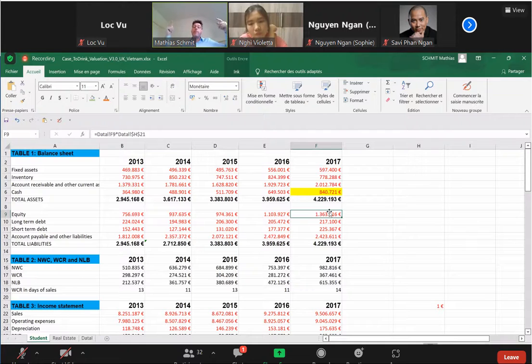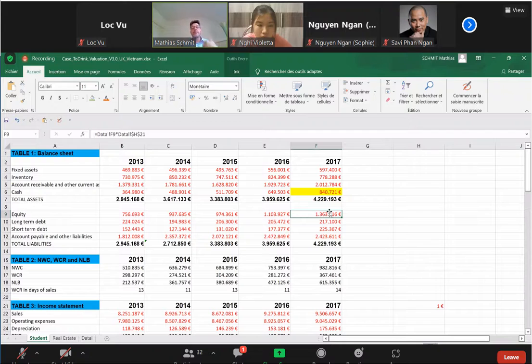The book value is based on the amount of money put by the shareholders during the life of the company plus the accumulated profits, while the market value, the value that you are willing to pay, depends on the future perspectives. It's two different views.